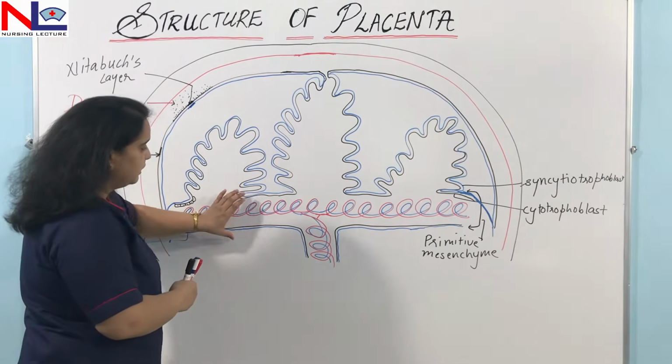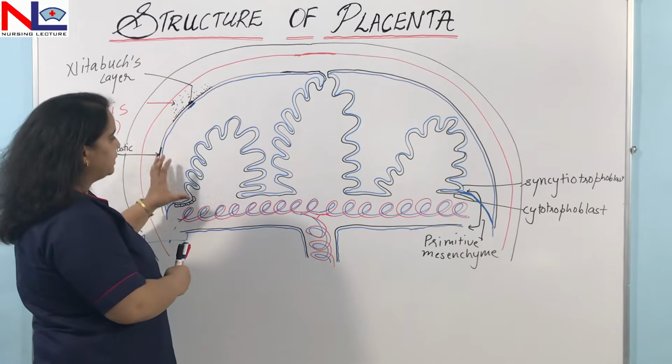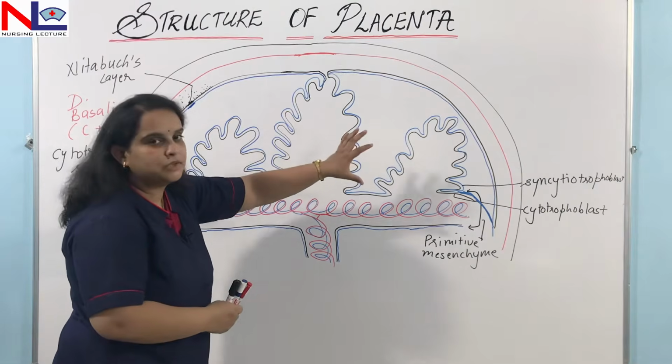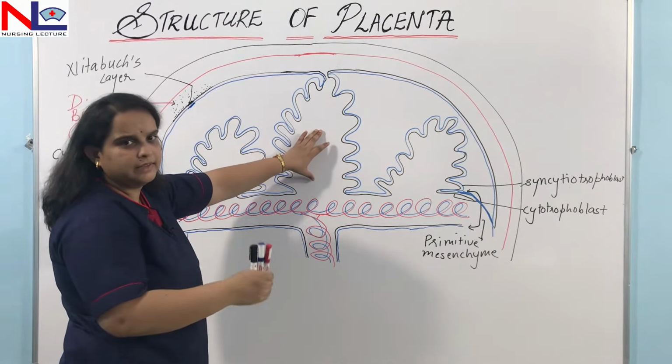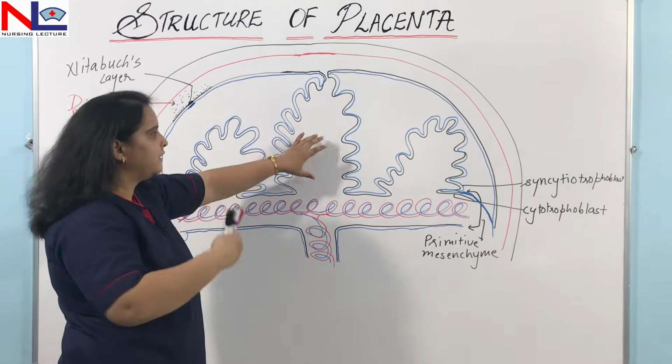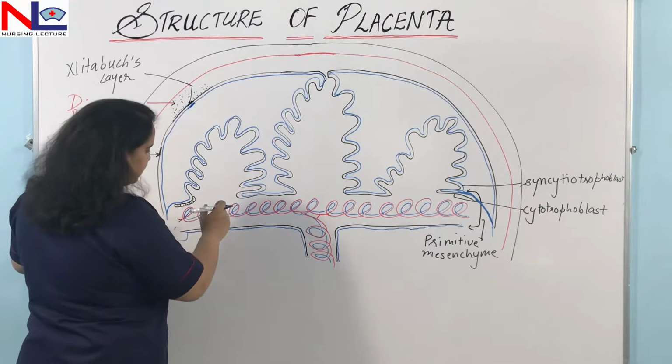So we have seen the chorionic plate and the basal plate, and the structure lying in between these two plates is called the stem villi, and they develop from primary, then to secondary, and then to tertiary villi. So in tertiary villi, what is happening here?